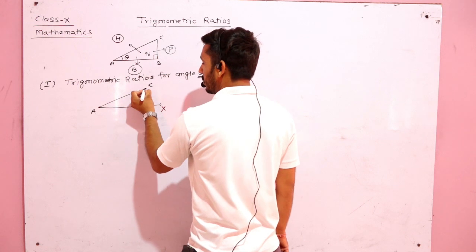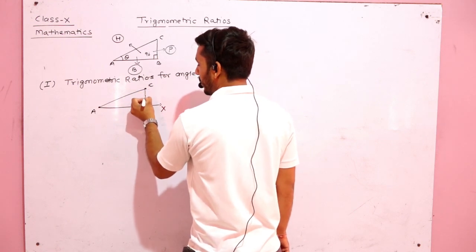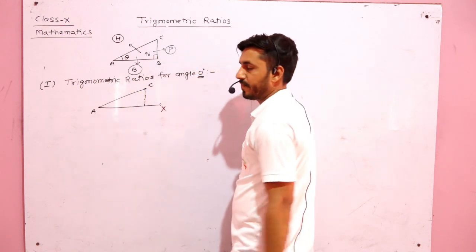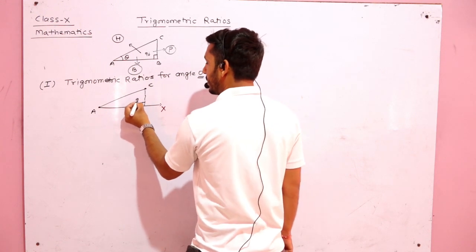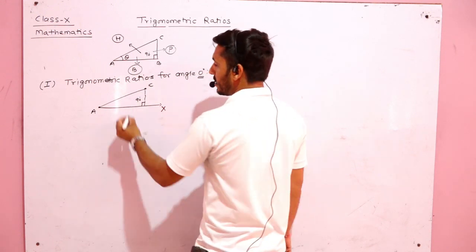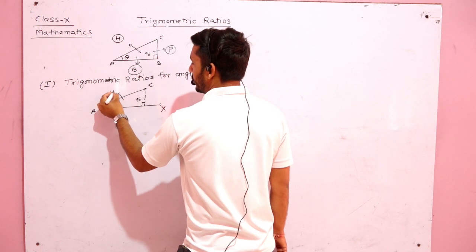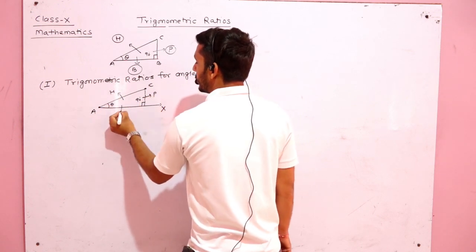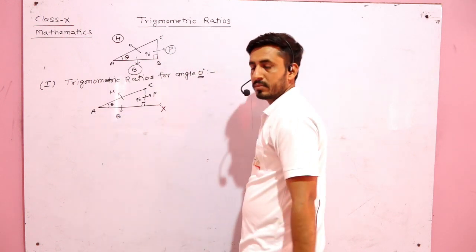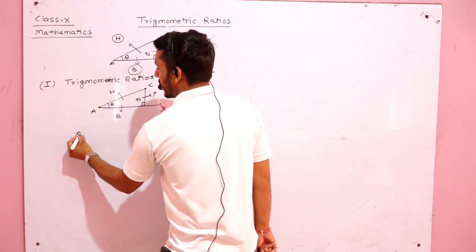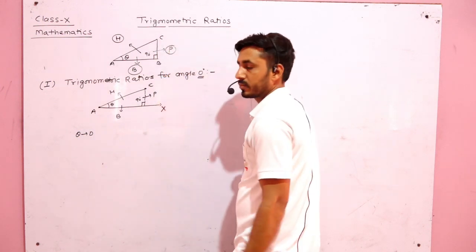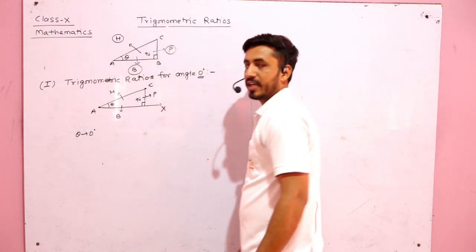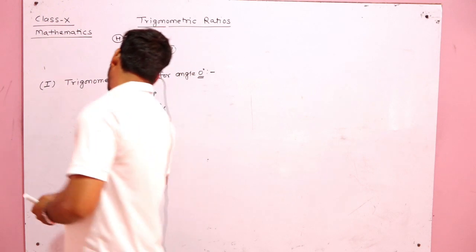First I have to put a perpendicular to the base, then this angle will be 90 degree. Okay, in this condition this will be H, for this angle theta this will be P, and this will be B. If I am moving theta tends to 0, you can see directly what I am doing here.